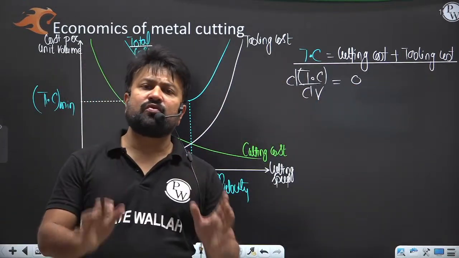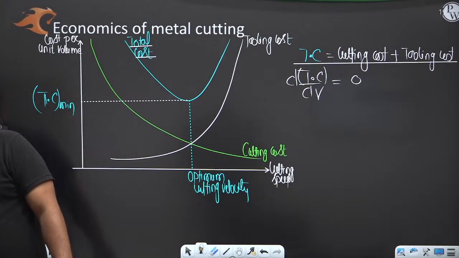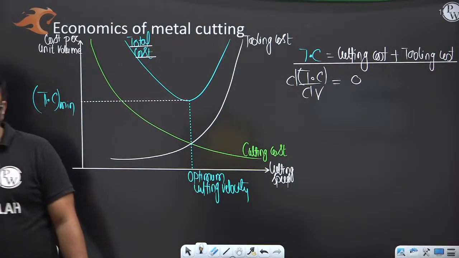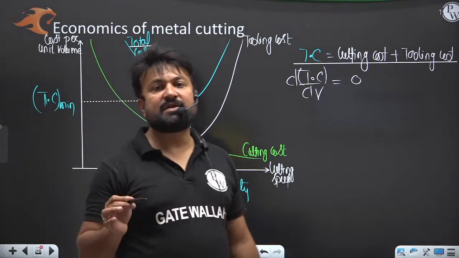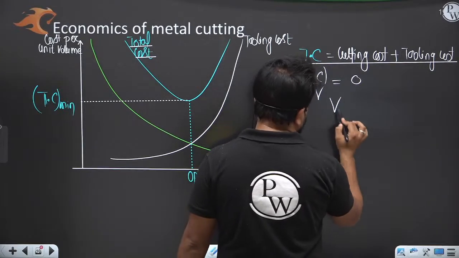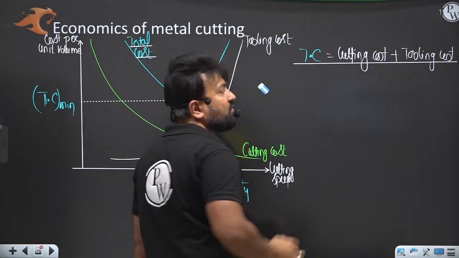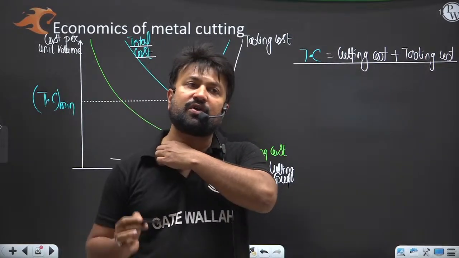Now you don't have to undergo the derivation of how we get the optimum velocity; you have to remember the velocity formula. Once you find the velocity, this is the topic of your tool life.